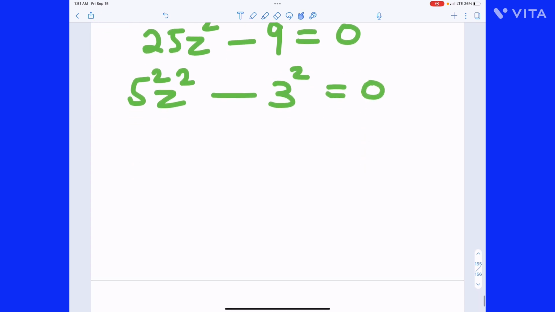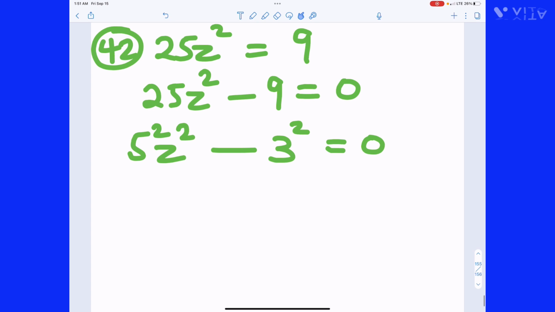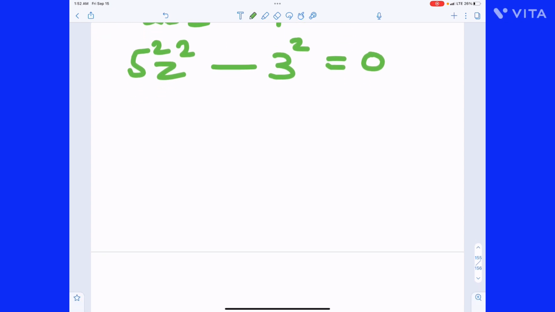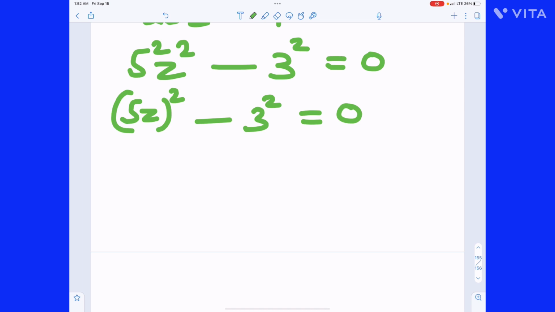I'm trying to use the difference of two squares for this because on inspection, I can see that 25z squared is a perfect square. So I can now use this for it. That gives me (5z) squared minus 3 squared is 0.